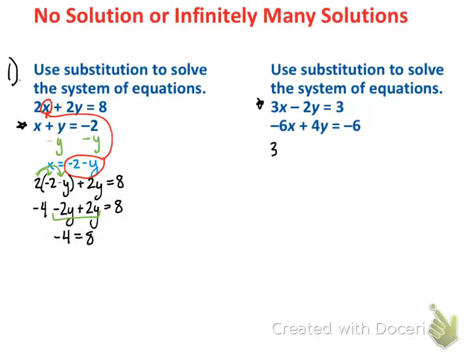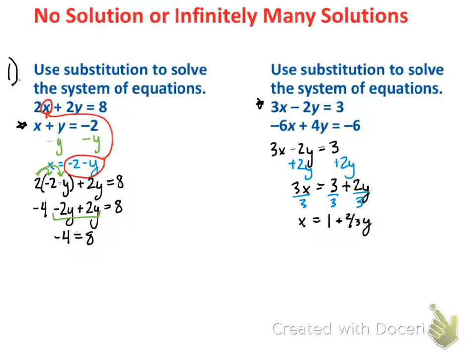We've got 3x minus 2y equals 3. So I'm going to add 2y to both sides. That gives me 3x equals 3 plus 2y. And then I divide everything by 3. And that gives me x equals 1 plus 2/3 y.